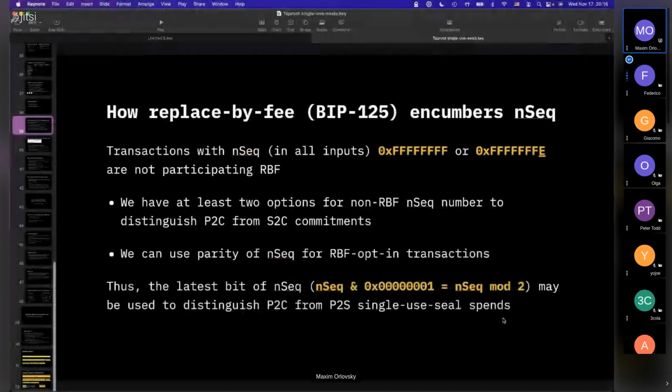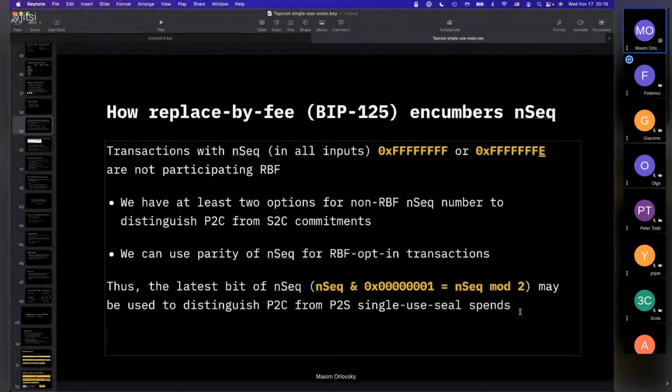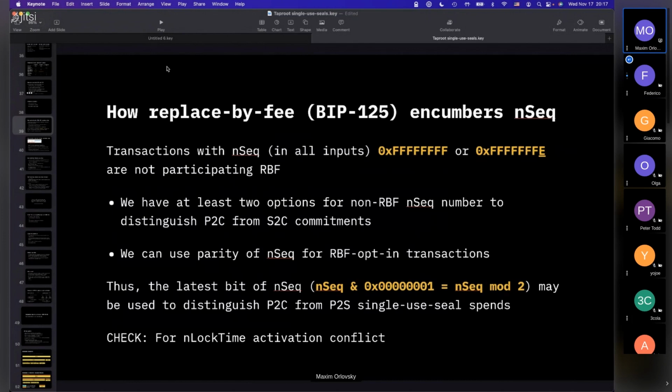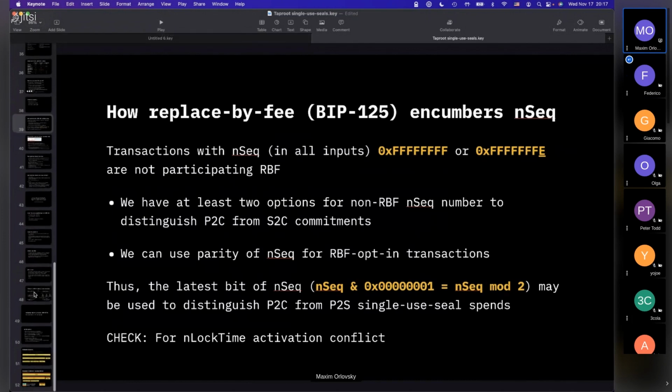So if you use the last bit, don't you have the risk that if you don't signal, then you cannot use lock time in your transaction? Maybe that is something that you may want to do for whatever reason.